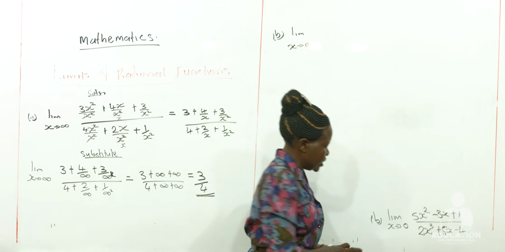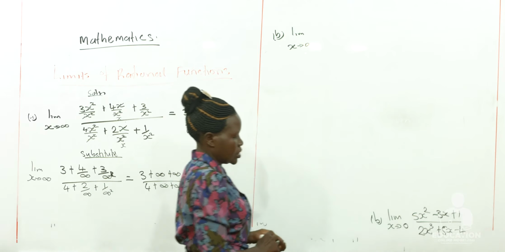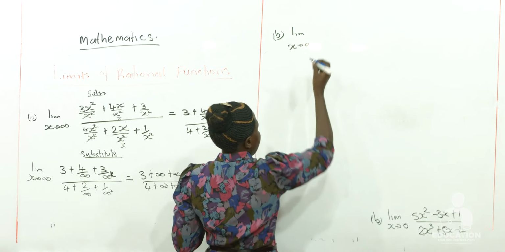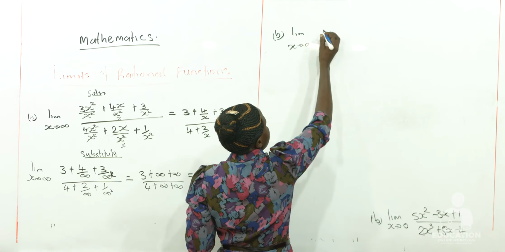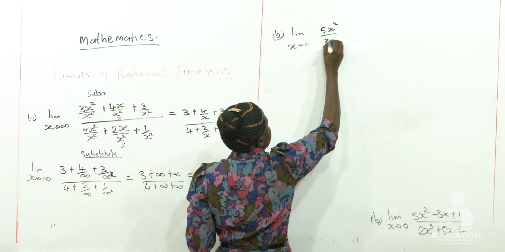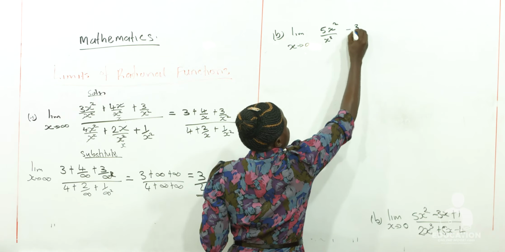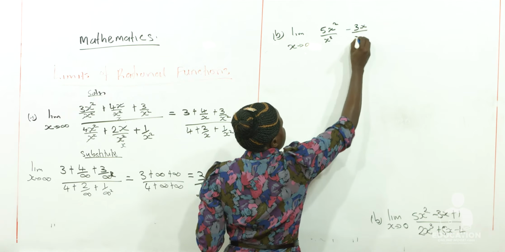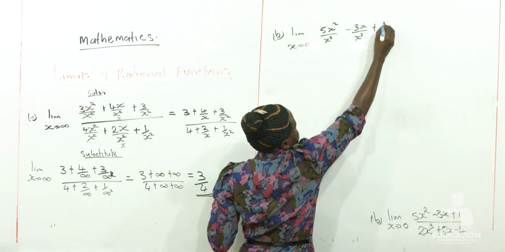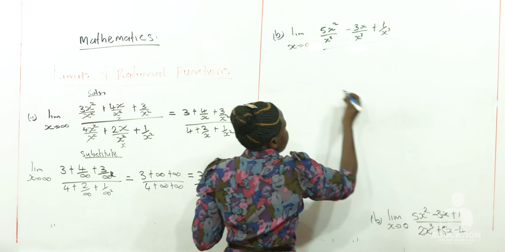When we look at this, the highest power is x raised to 3. So we shall have 5x square over x cube, minus 3x over x cube, plus 1 over x cube.